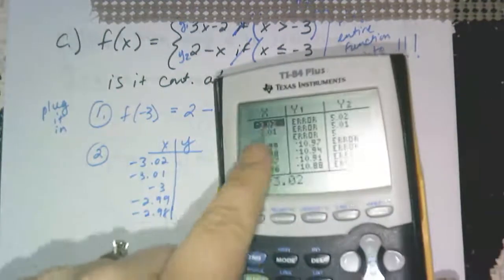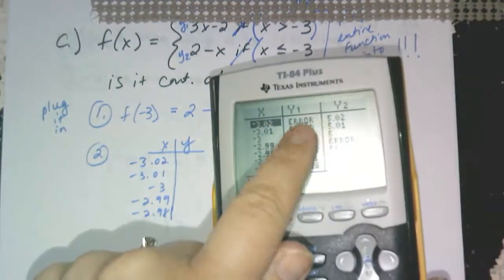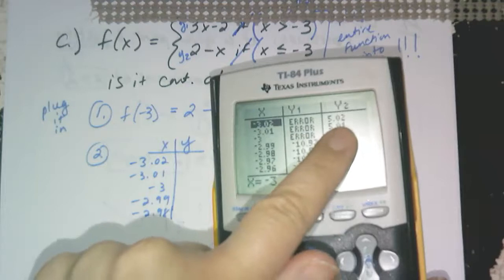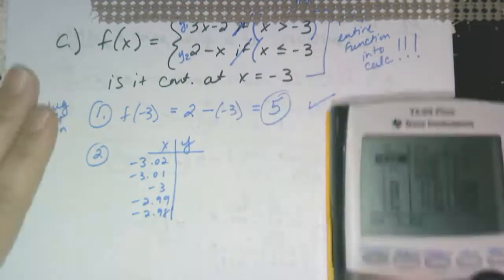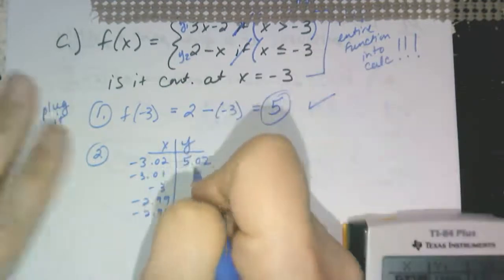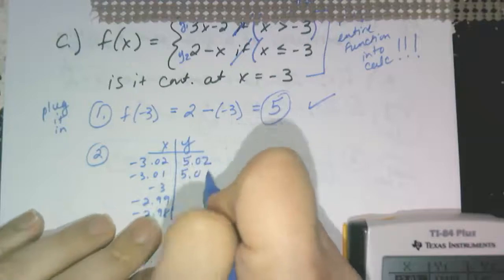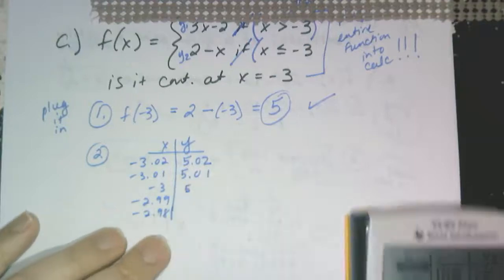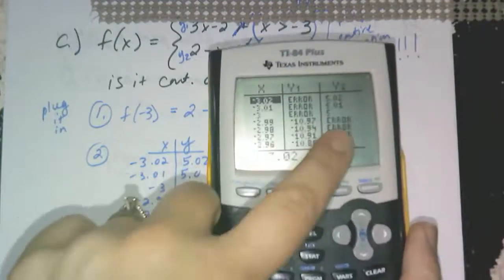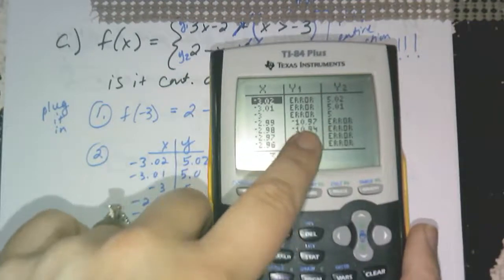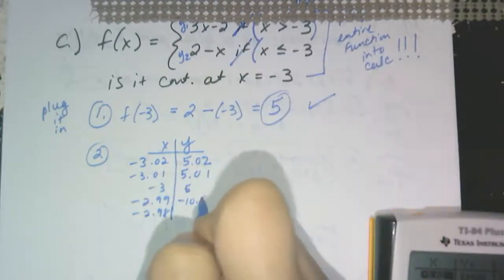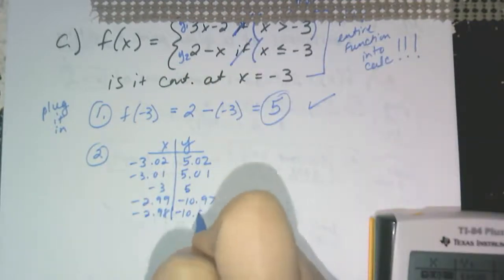At -3.02, ignore where it says error, write down the value it actually has. It has a 5.02 value. This one has a 5.01, this one has a 5. For -2.99, ignore the error, write down this value, -10.97, -10.94.